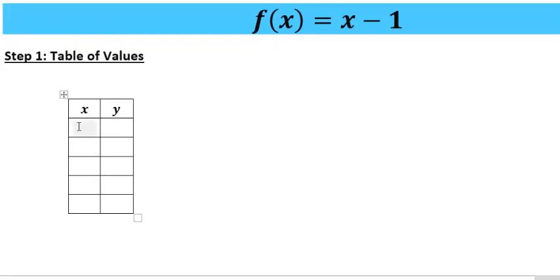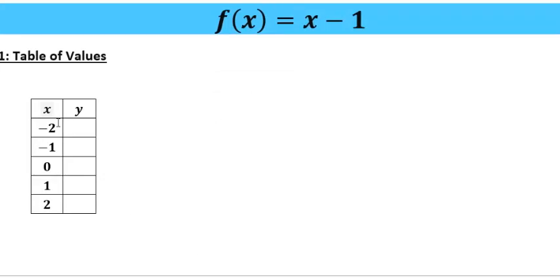On the x, we're going to put -2 on this side, -1, 0, 1, and 2. So I'm going to put those numbers, and in order to get the letter y, we're going to have to use the formula of the exercise to find the answers.